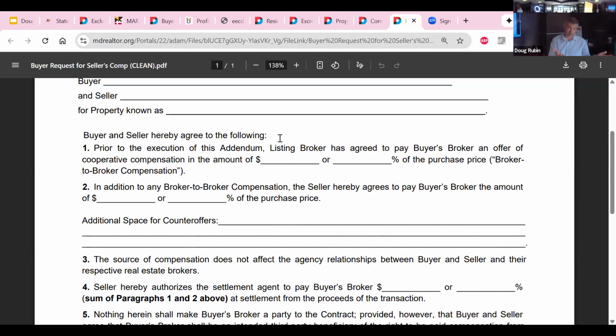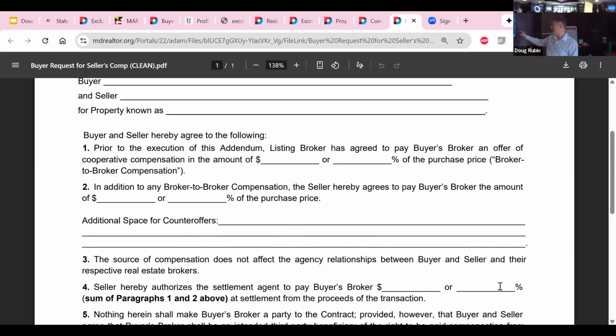But if your fee is 3% and you really want that, you could say, in addition to the 2.5% that was pre-negotiated, I want an extra 0.5%. So that would be 2.5% plus 0.5%, 3% equals 3%.